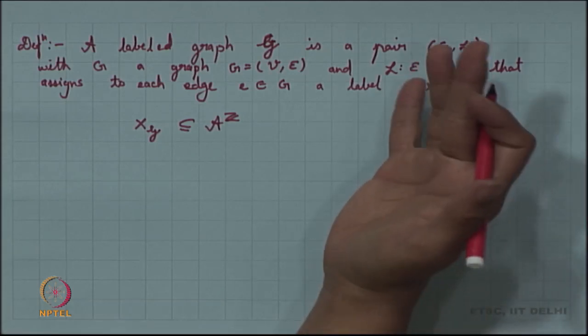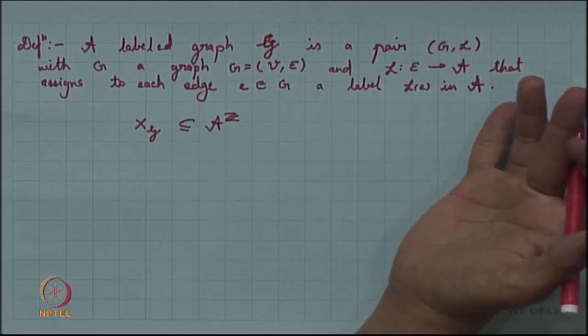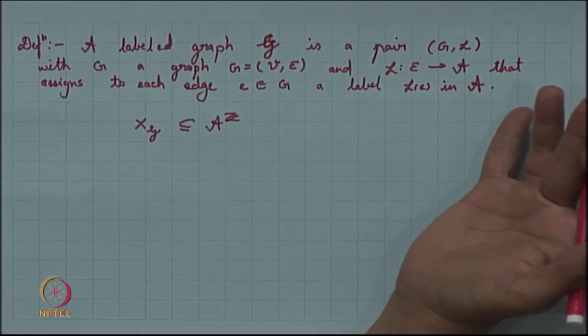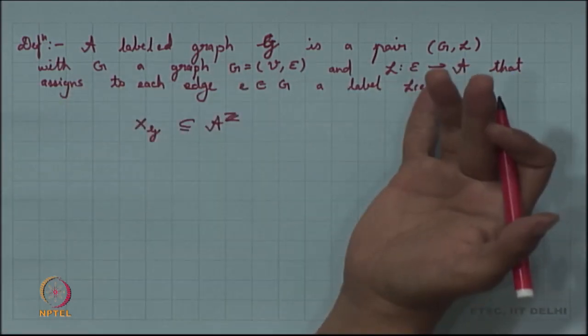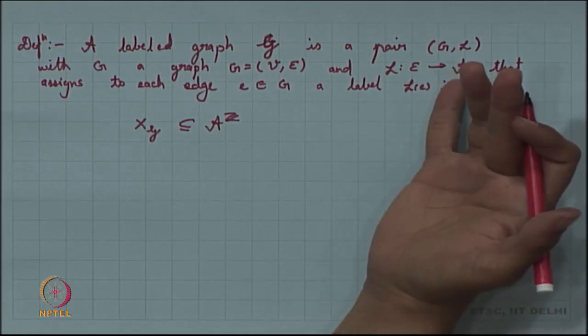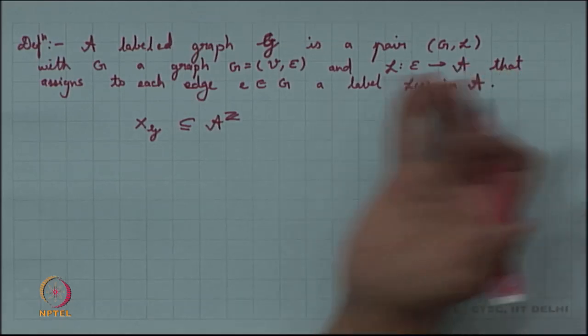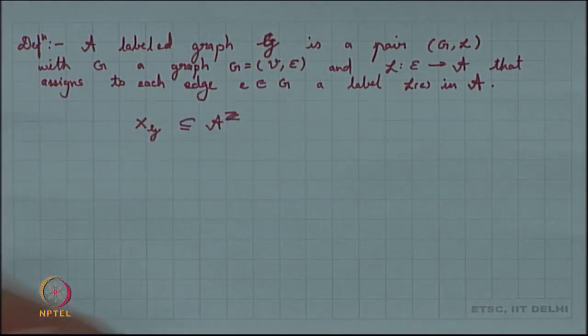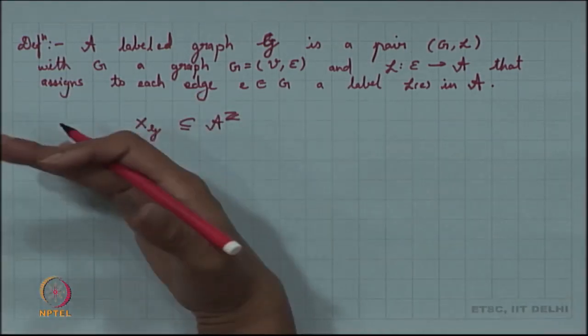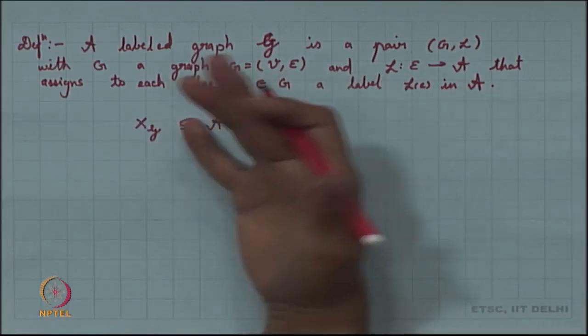For each of your edges you are basically giving some kind of a label, and since there is a labeling here, you think of the edge shift now. So, the edge shift can now be viewed as a sequence of labels, if you are taking a bi-infinite walk on the labeled graph.